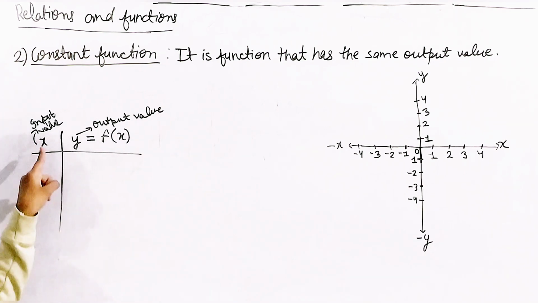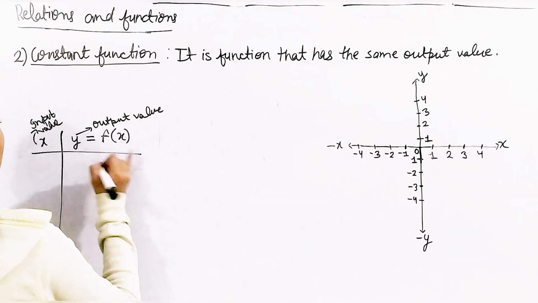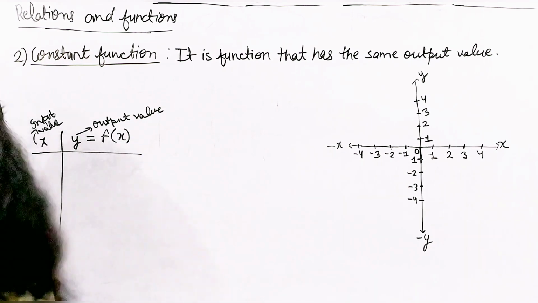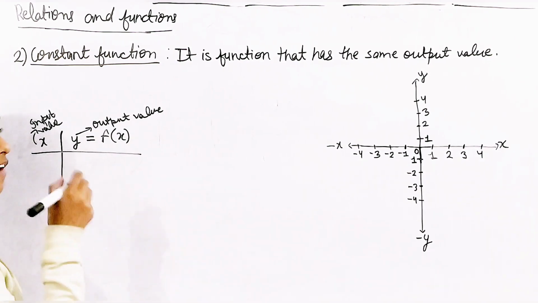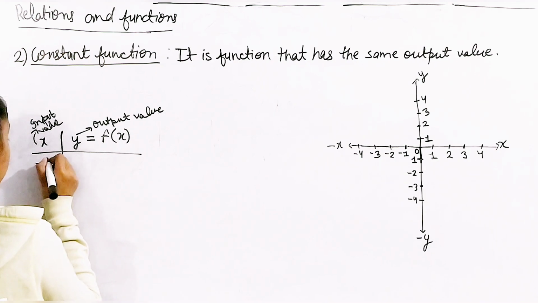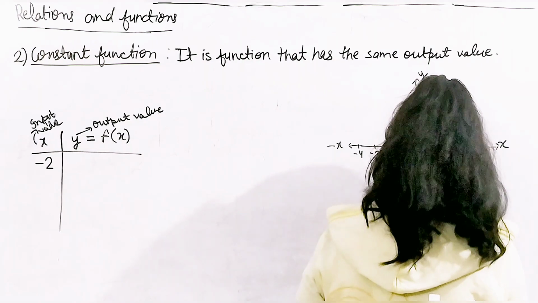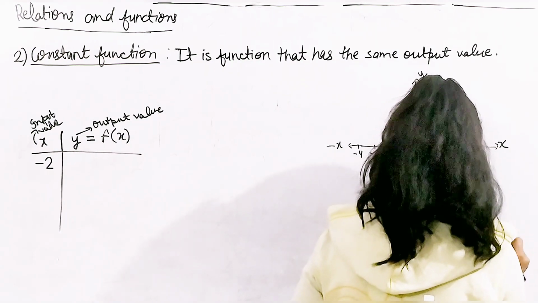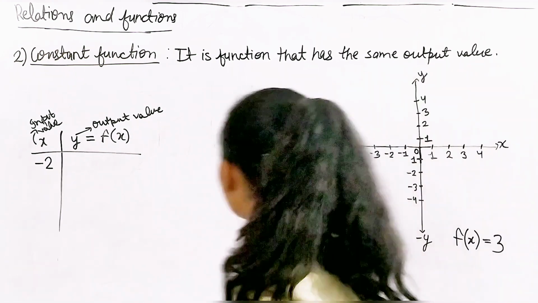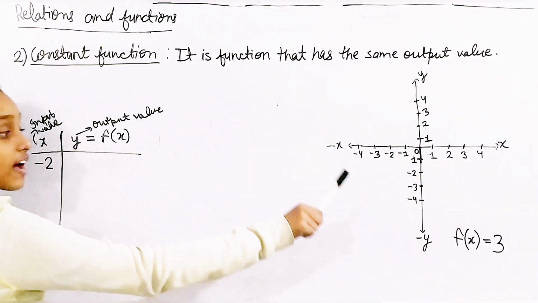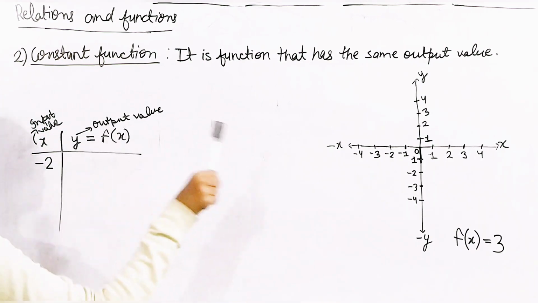Let's say the value of x is -2, and f(x) is equal to 3. So if f(x) is equal to 3, this means that y will be 3.